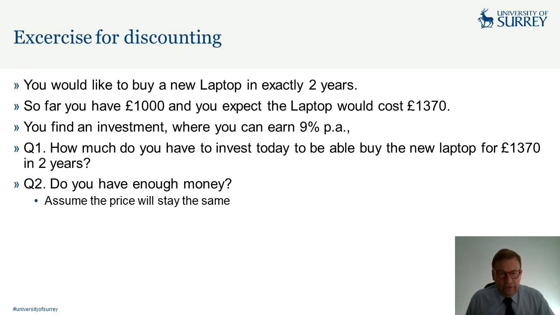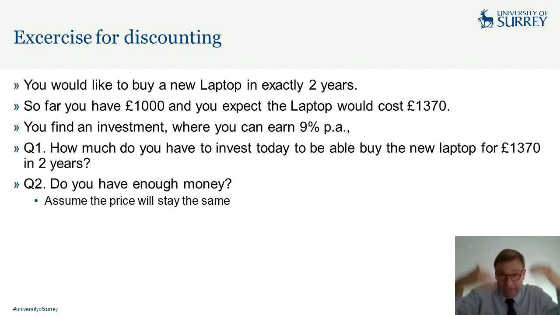The period is 2 years. Laptop would cost 1,370. You find an investment to earn 9% per annum. For those who are still lost, you have to bring this 1,370 to now.